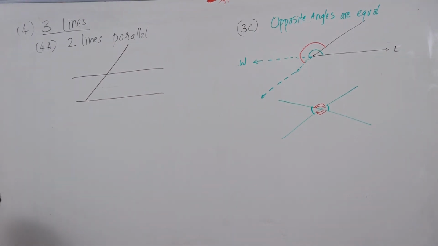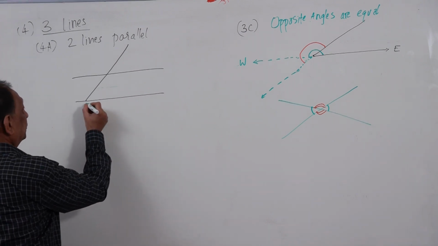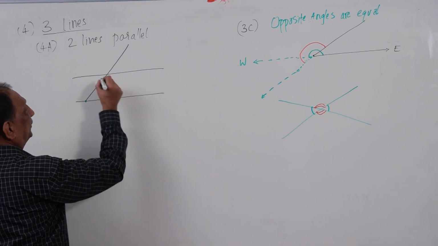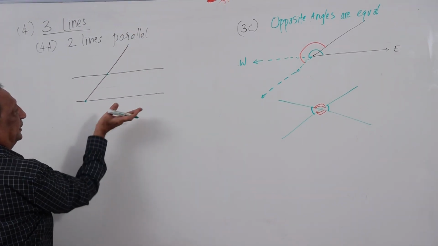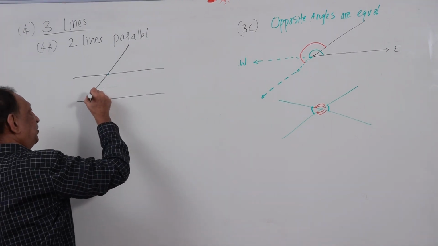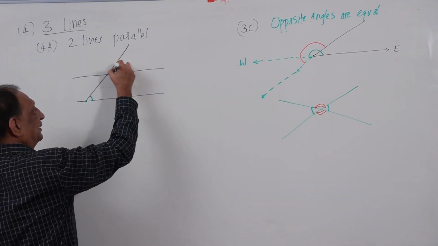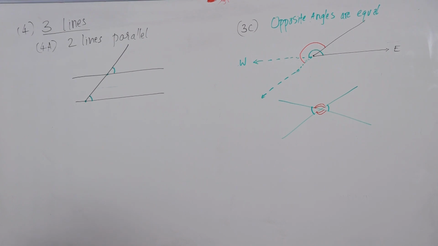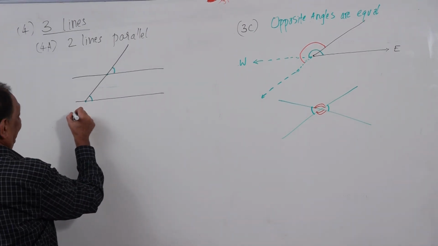When you do that, now you will see that for the pair of lines that you consider at these 2 points, the change of angle is the same. You can see that. That means I got 2 angles here which are known as corresponding angles.